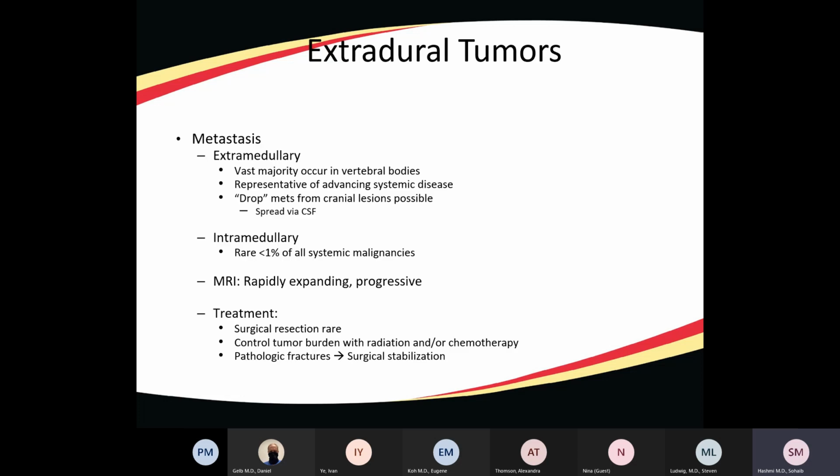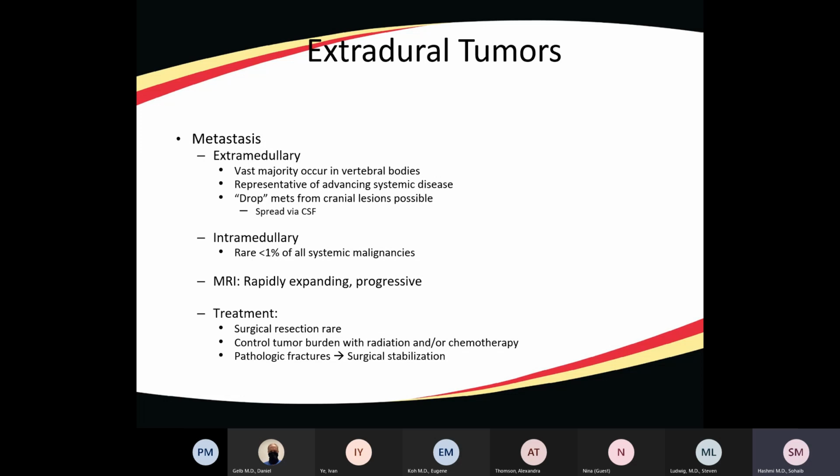Extradural tumors now we'll move on to, and the most common is going to be metastatic spinal cord tumors. The vast majority of these will be in the vertebral bodies, and they are representative of the advanced systemic disease of these patients.